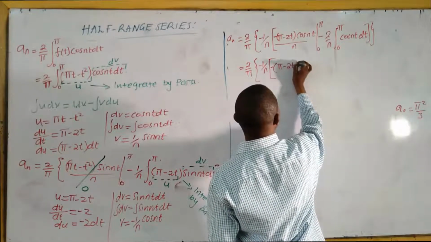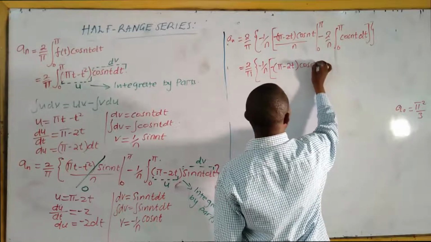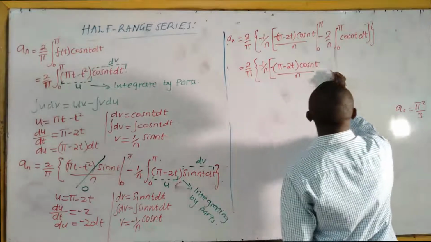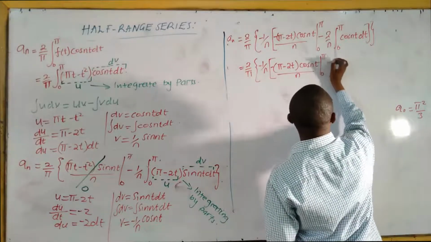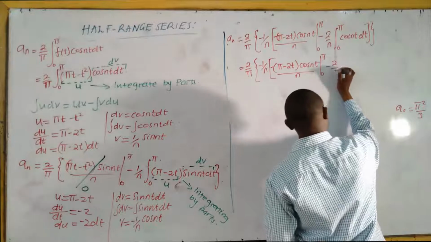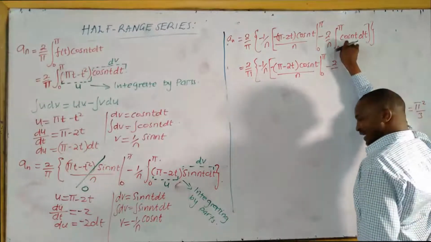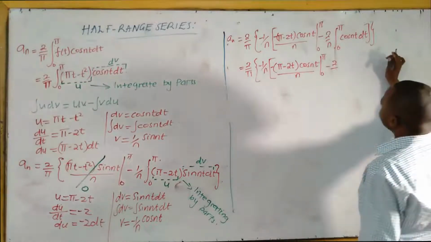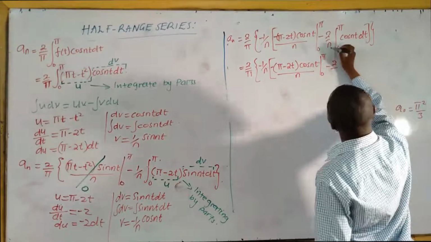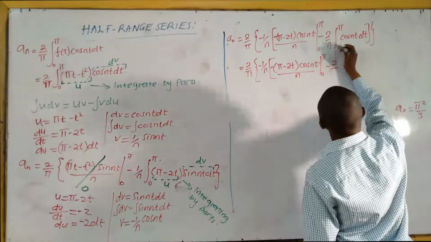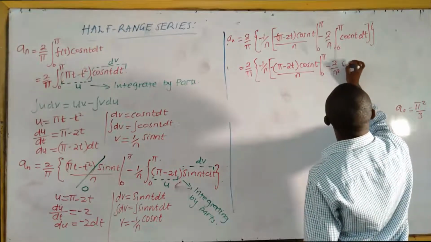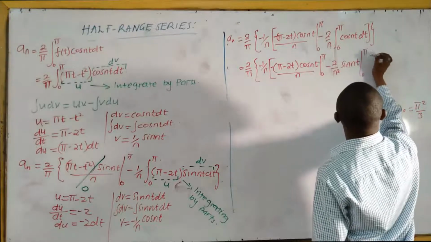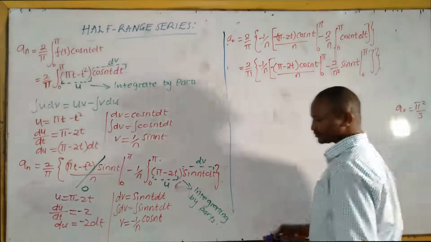Minus 2t cos nt over n, limit from 0 to pi, minus 2 over n. But when integrating cosine, you get 1 over n sin nt. 1 over n will multiply with this 1 over n to give 1 over n squared sin nt, and you apply limit from 0 to pi and close that bracket.